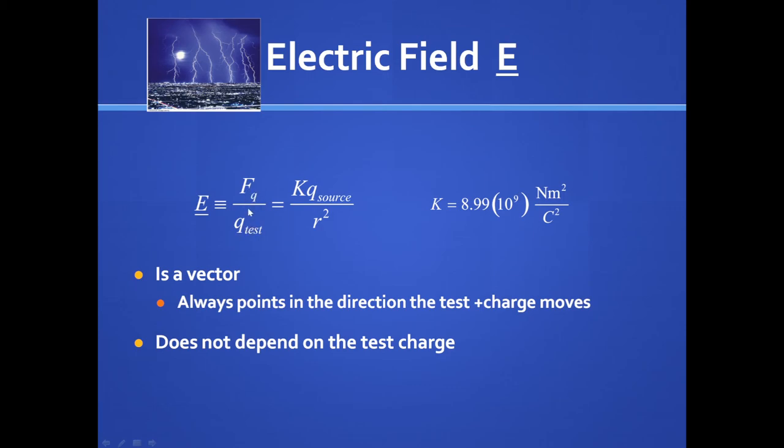What they would do with this information is, if they could measure the force that the field exerts on something and divide by the magnitude of the charge that they put in the field. So say if they put in an electron and there was 10 newtons of force acting on that electron, they would divide 10 newtons of force by the charge of a single electron. And that would also tell them the magnitude of the electric field.